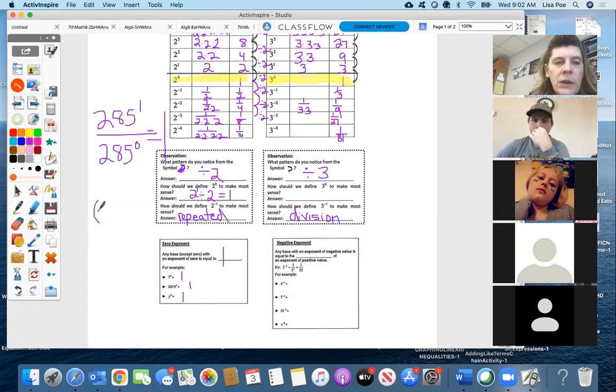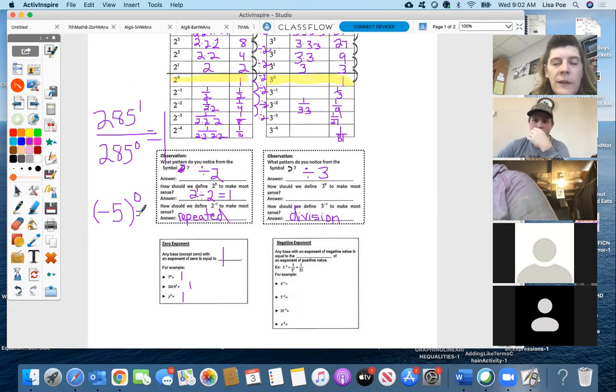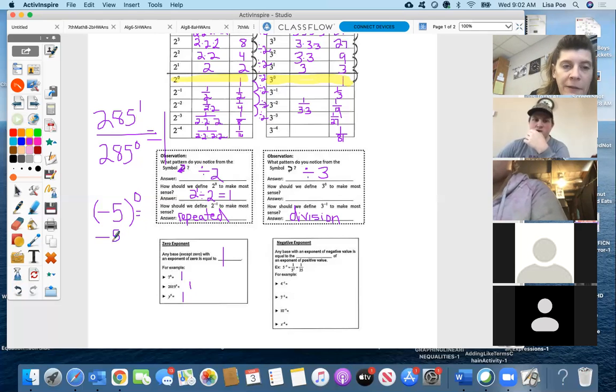Okay, now I'm going to throw a little something at you. Just a side note here. If you have -5 in parentheses to the 0 power, what do you think that equals? It means -5 divided by -5, so it would still be +1. That's because of the parentheses.